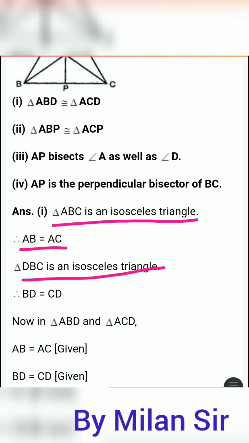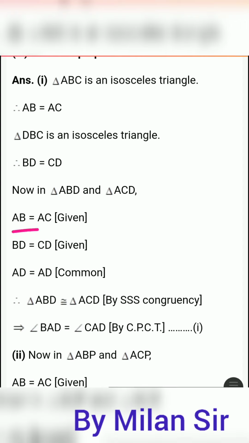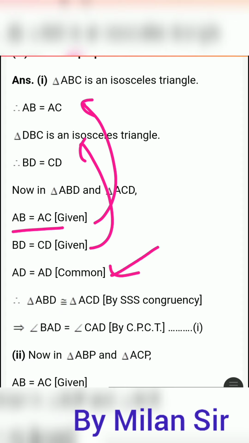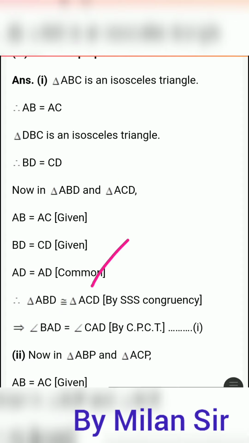DBC is also an isosceles triangle, so BD is equal to CD, and the third side AD is common. So in triangles ABD and ACD, AB equals AC, BD equals CD, and AD is a common side. So triangle ABD is congruent to triangle ACD by the side congruency criteria.